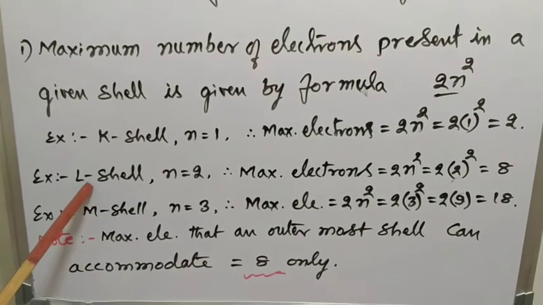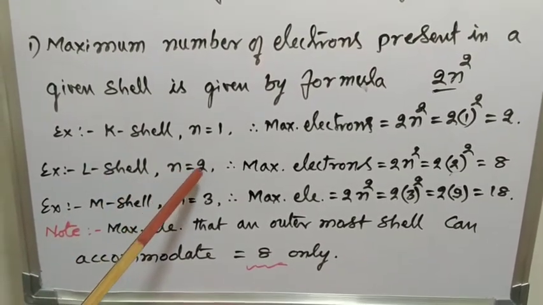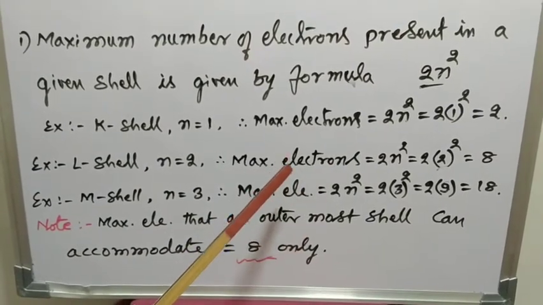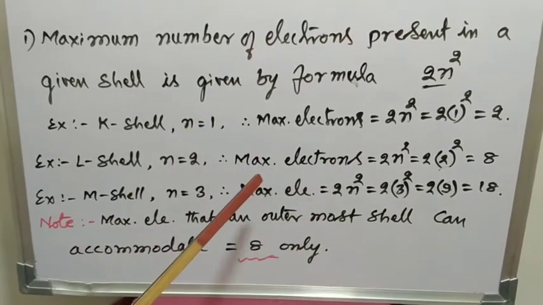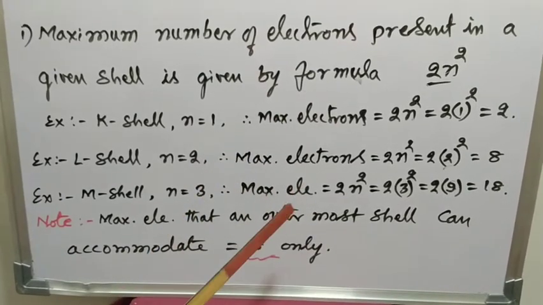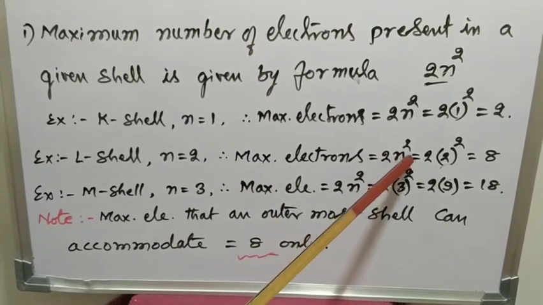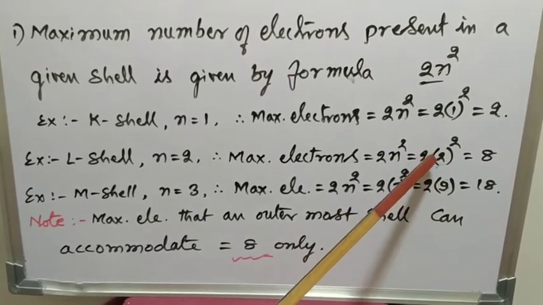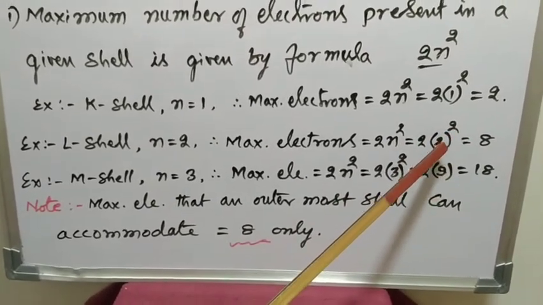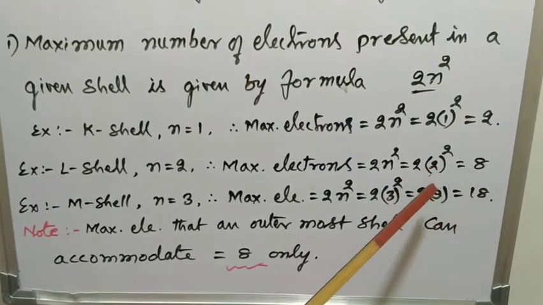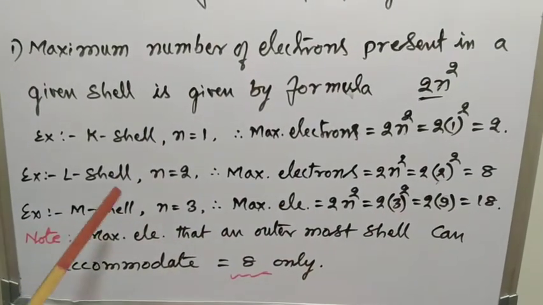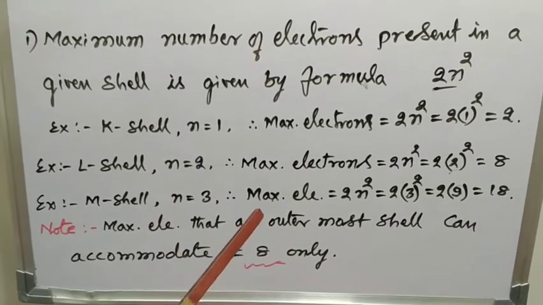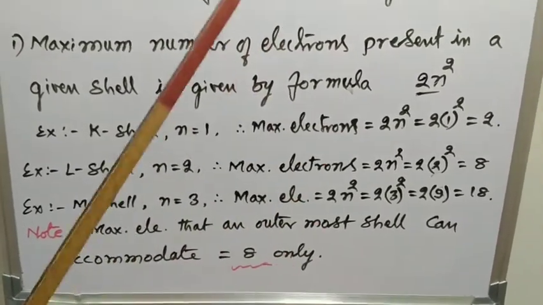Second shell, that is L shell, n equal to 2, maximum electrons that it can accommodate is 2n square, equal to 2 into 2 whole square, that is 4 into 2, 8. So second shell, that is L shell, can accommodate maximum number of 8 electrons in an atom.